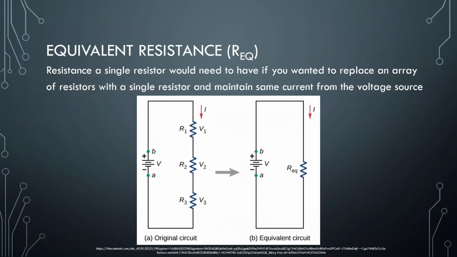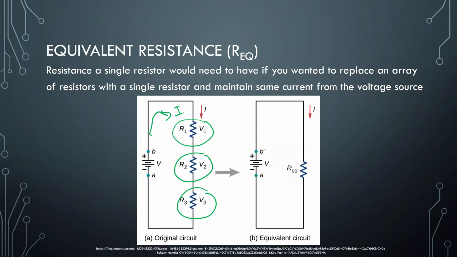The other concept we have to think of is the idea of equivalent resistance. We have seen equivalent capacitance. Equivalent resistance is what you get if you take all of the components in a circuit that have resistance, in this case R1, R2, and R3, which together create some particular current coming out of the power supply.